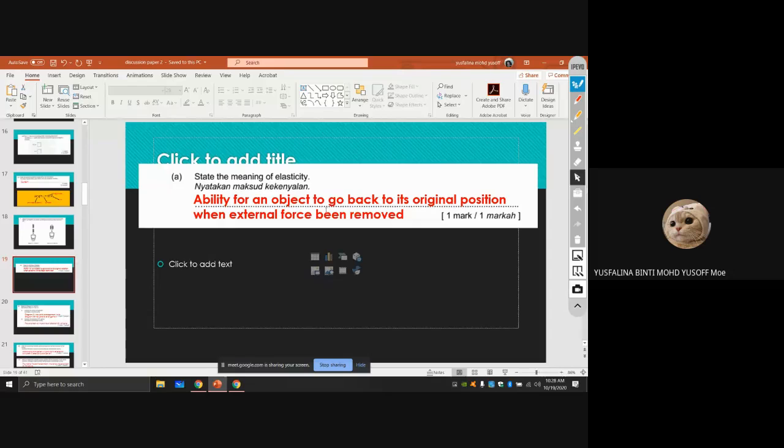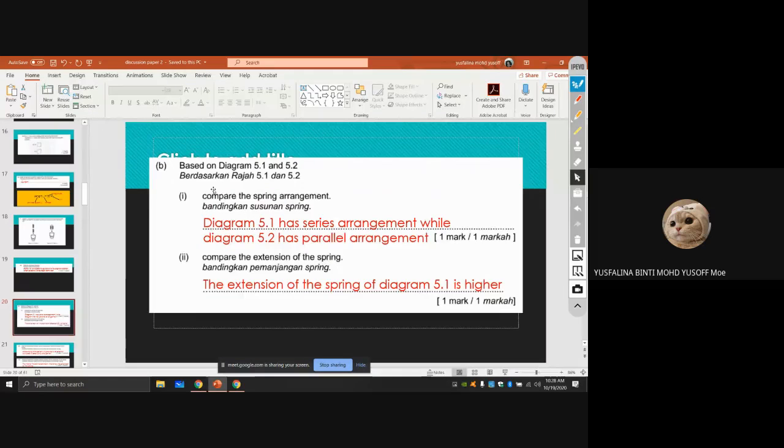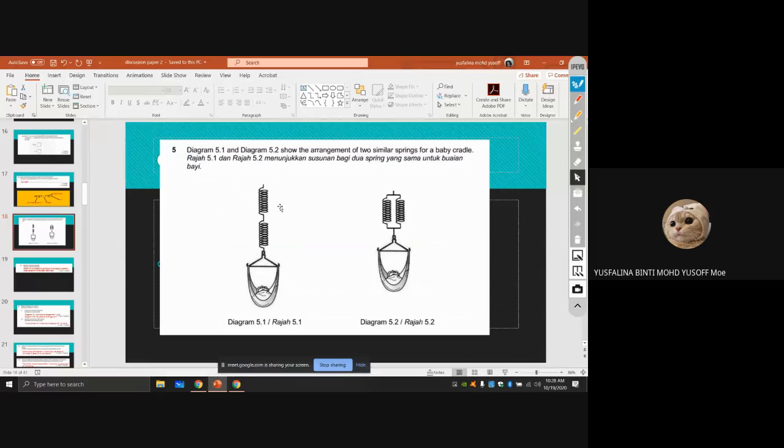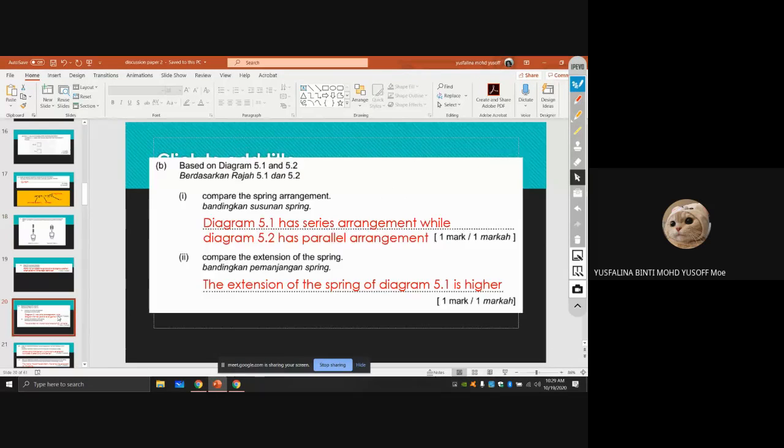This one was already answered before: the ability of an object to go back to its original position when the external force is removed. Now this is a comparison question, so compare the spring arrangement. Diagram 5.1 is arranged in series, and diagram 5.2 is in parallel. So this is the answer.